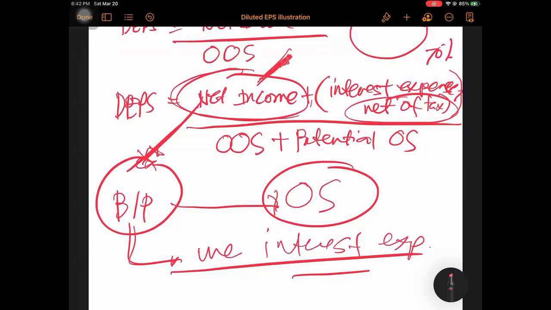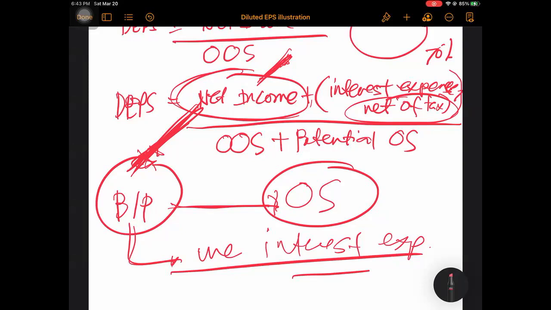So I hope you get why we add back the interest expense: we assume that the bonds payable is already converted into ordinary shares, so there is no recognized interest expense. That's why we add back the interest expense in the computation of the diluted earnings per share if there is convertible bonds payable.